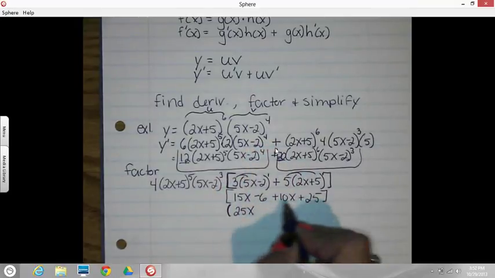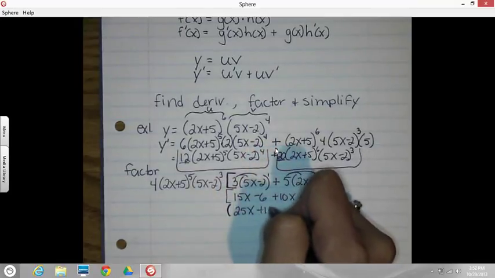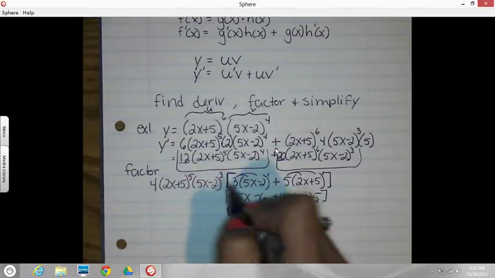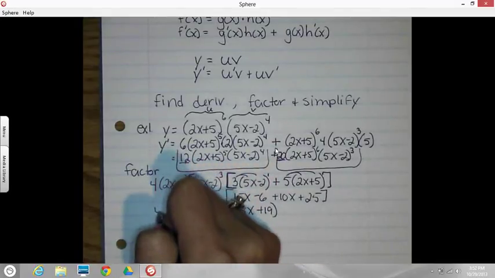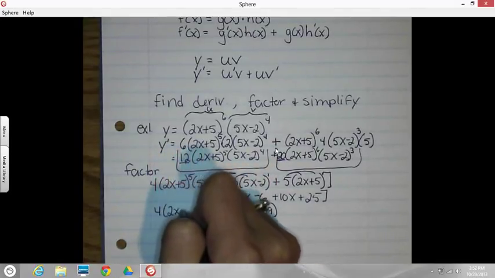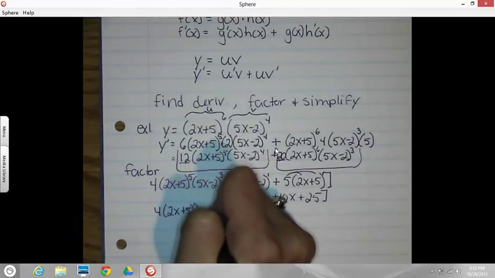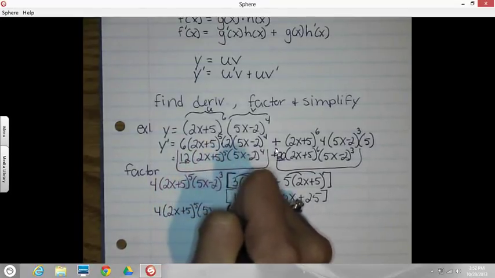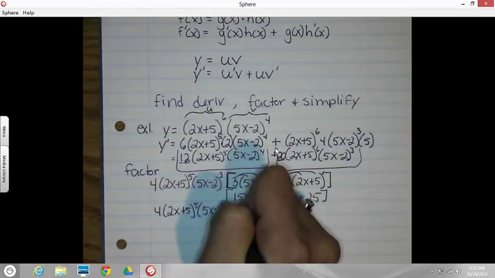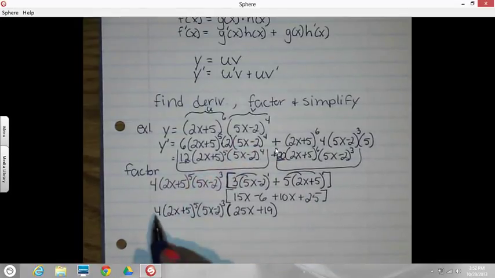And then here I'll have a plus 19. And then I still have all of this stuff left. The 4, 2x plus 5 to the 5th, and then the 5x minus 2 cubed. And I could distribute the 4 into that one, but I'm not going to.